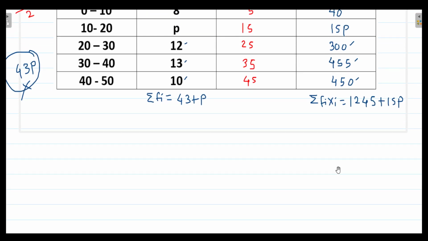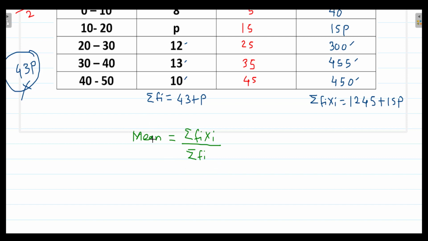To solve this further, we use the formula. And what is the formula? That mean is equal to summation of Fi xi upon summation of Fi. Mean is equal to summation of Fi xi upon summation of Fi.